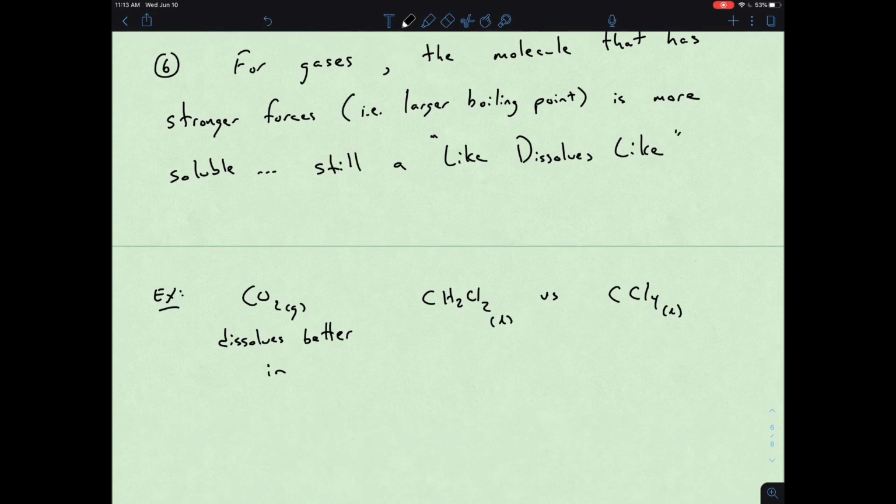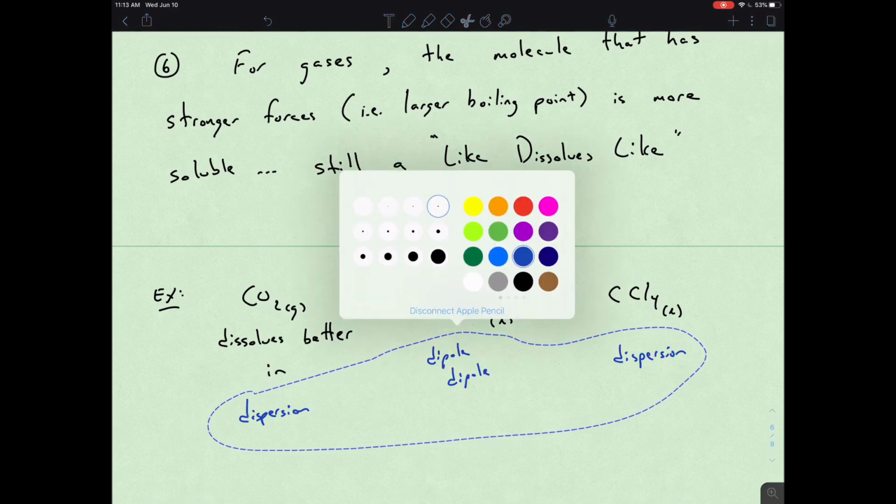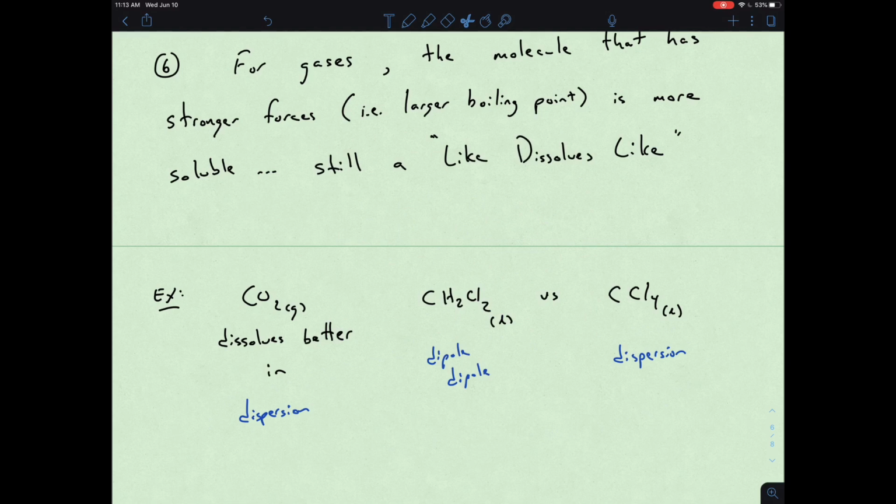If we identify the forces, carbon dioxide would be dispersion forces. We have dipole for our CH2Cl2, and we have dispersion for our other solvent, the carbon tetrachloride. And we see the match here with the carbon tetrachloride.